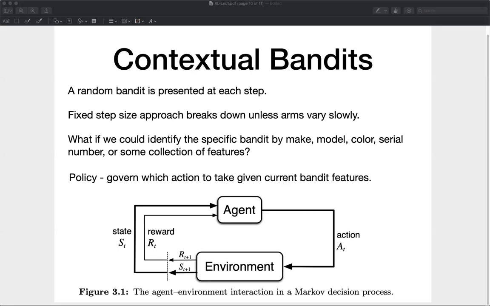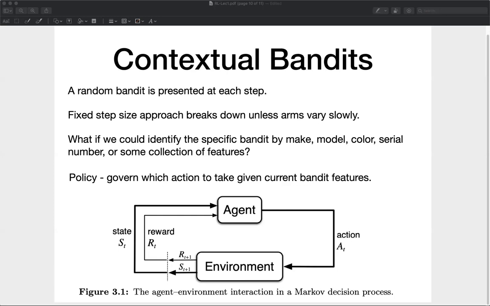So you take the current state of the environment, the red slot machine in front of you, and make an action. The environment responds to that action in terms of a reward. It either gives you a jackpot or it doesn't, and it changes its state. After you pulled the arm on the red slot machine, that slot machine goes away and now it's a green slot machine. So the state changes.